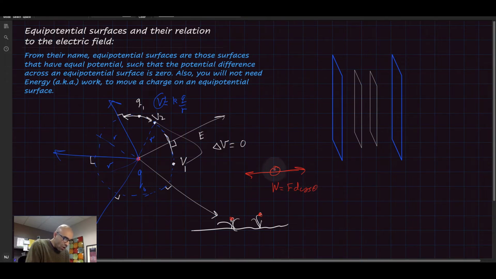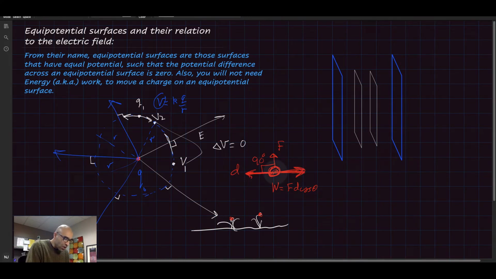If you are carrying a ball like this, you are applying a force this way, but you're moving the ball this way, so that's D. The angle, as you can see, is 90 degrees. Cosine 90 is 0, so the work is 0, so you don't need to spend energy to move the ball this way or this way.